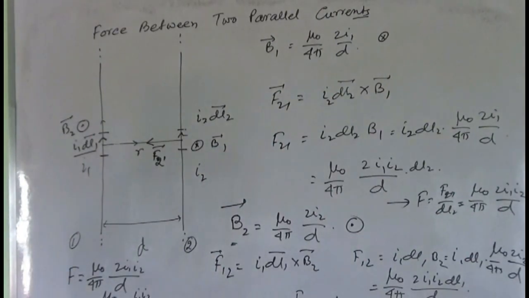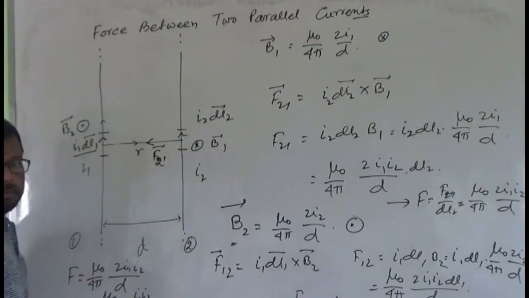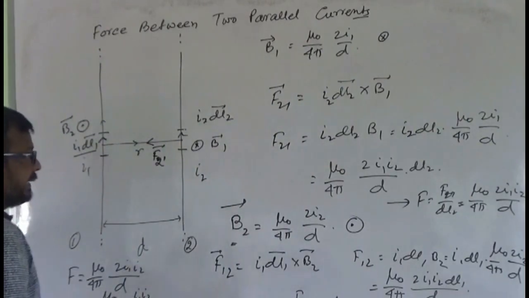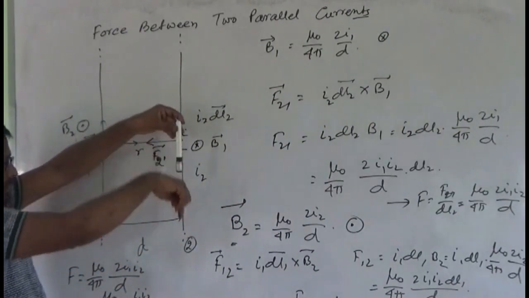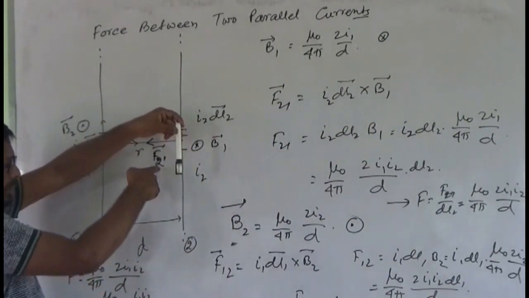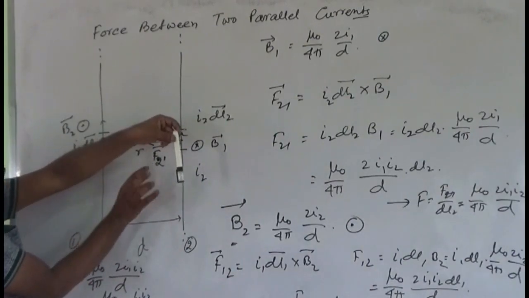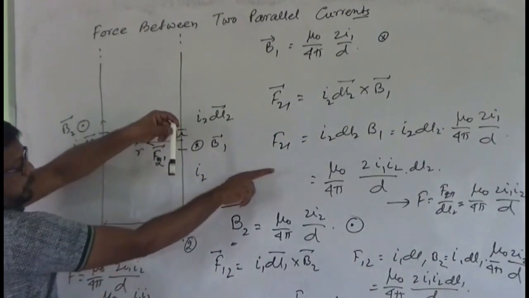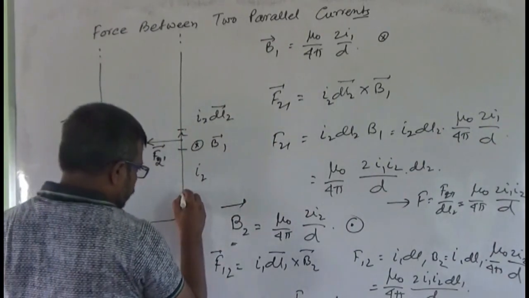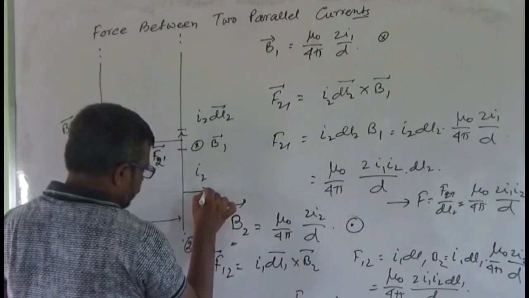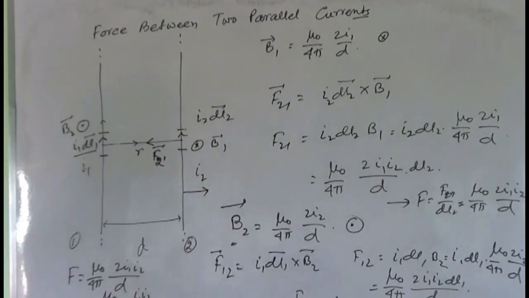Now current is flowing downward. Now rotate it. I dl cross B. I dl in this direction, B in this direction. Now I dl cross B, rotating in this direction, clockwise, then it will move in this direction. Therefore, in that case, force on conductor 2 will be along this direction, that is away from conductor 1.